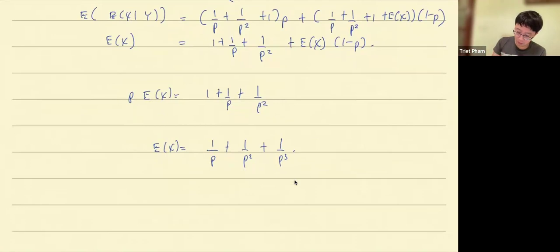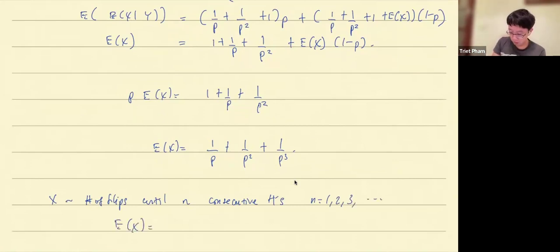All right, let's conclude this with a general question. Let X be the number of flips until n consecutive heads, n equals 1, 2, 3, etc. What's expectation of X?